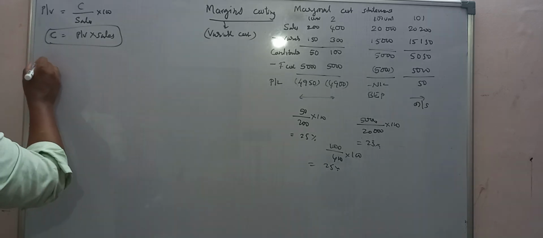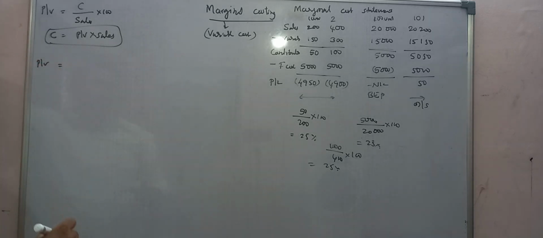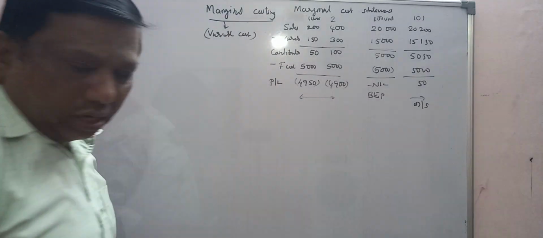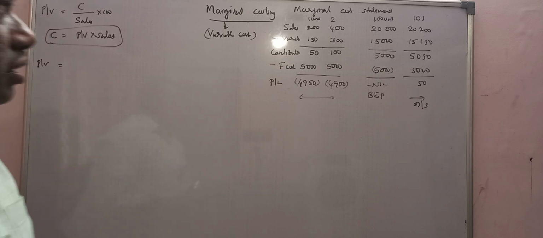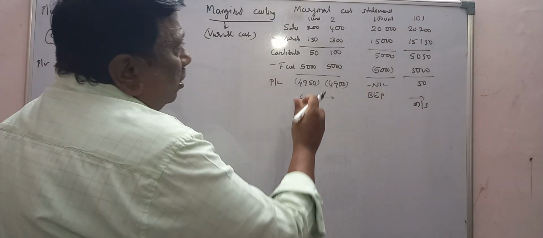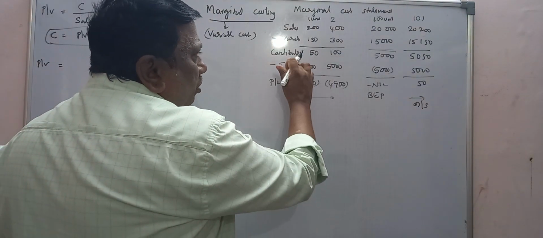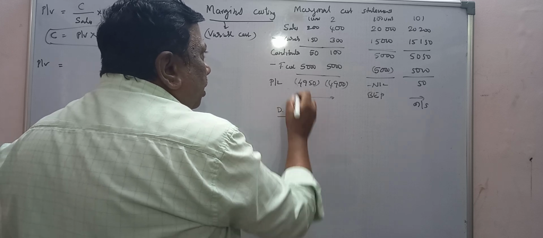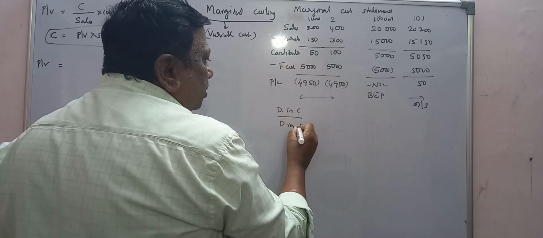To get PV, I am showing one more method. There are different methods to calculate PV. I am showing the difference in contribution. Difference in contribution divided by difference in sales.